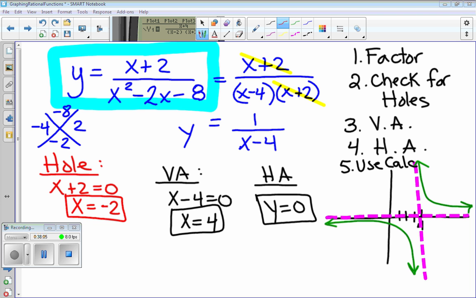Doesn't matter. I'm going to go where x equals -2. So -2 is here on the x-axis, and wherever the graph is, I'm going to put a hole right there. I want to see everybody put a hole on their whiteboard where x equals -2 on the graph. Good. Erase it with your finger and just put a circle.